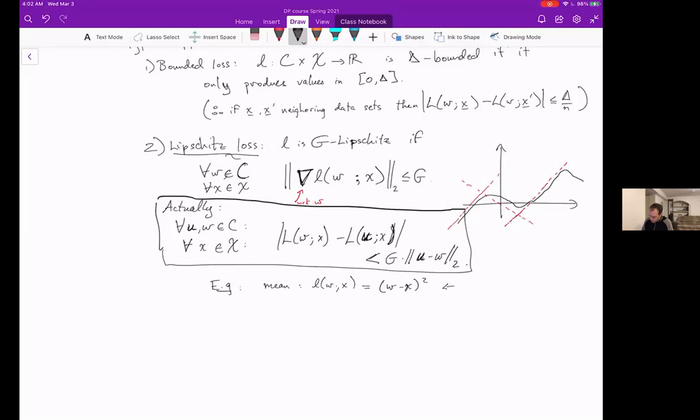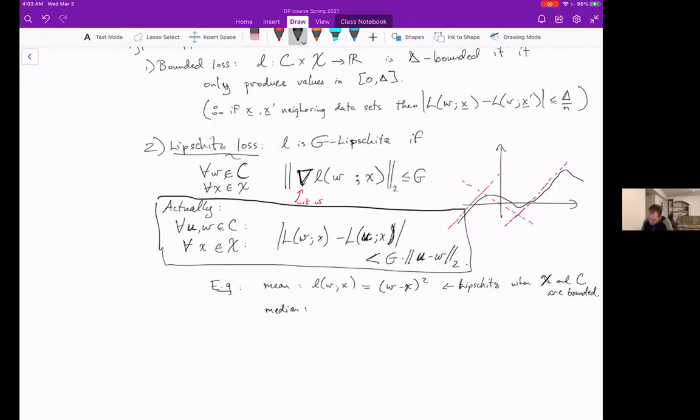So this is going to be Lipschitz as long as both the data universe X and the constraint set C are bounded. As long as the numbers can't get very big. If the numbers can get big, then all bets are off. If they can get very far apart from each other, if w minus x can get big, you can get in trouble.